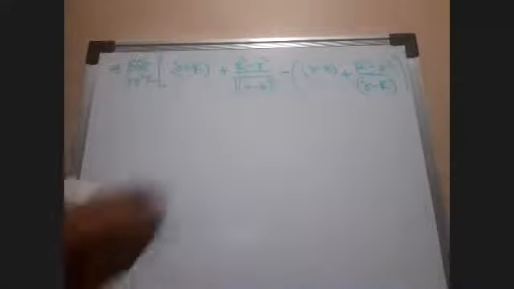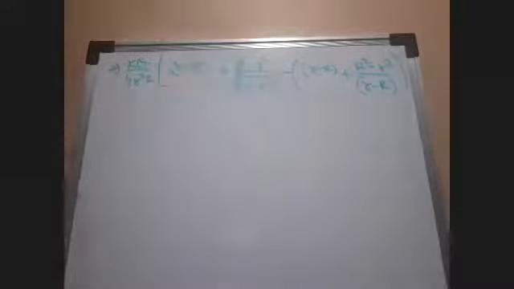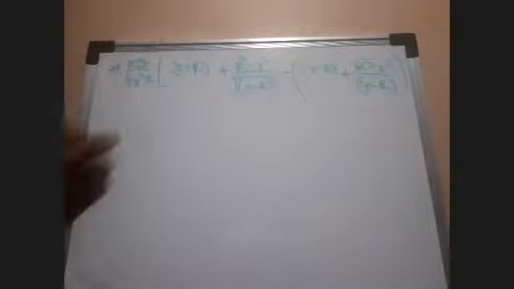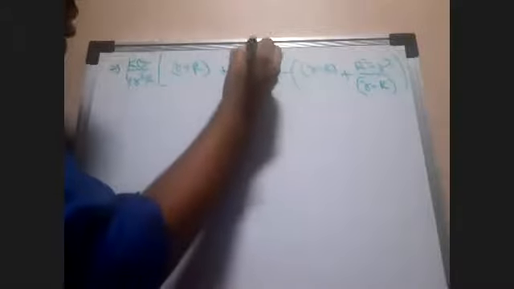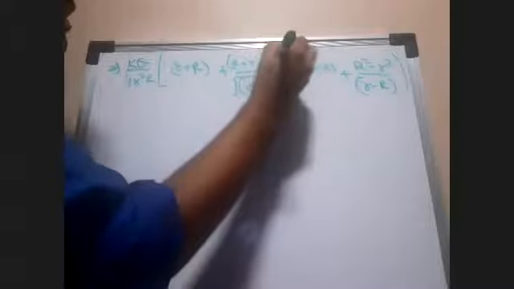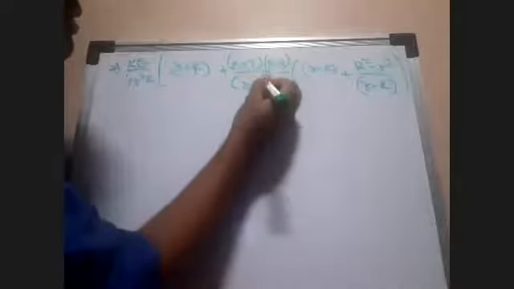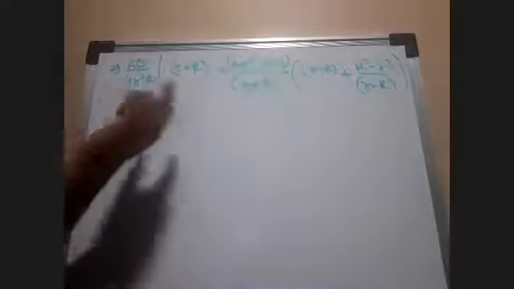And now if you see, this capital R square minus r square is in the form of a square minus b square, which I can again write as, I'll just remove this and replace it. So what I will get? I will get capital R plus small r and capital R minus small r. Again I'll remove the square root, and it will become r plus R. So if you see, this gets cancelled with this, and ultimately you will have an equation.